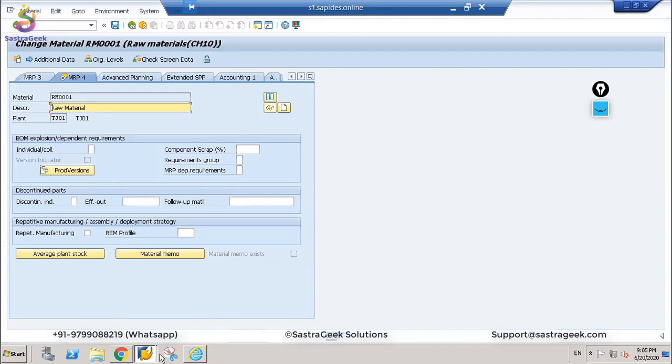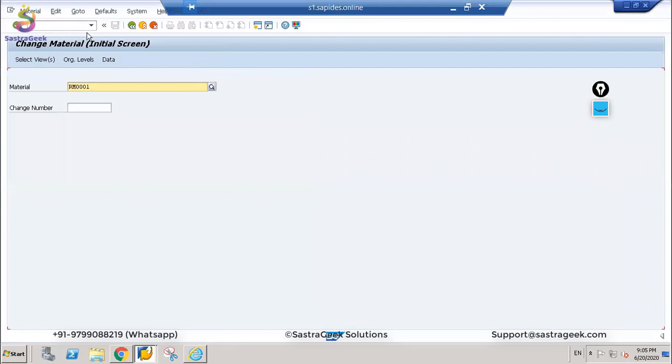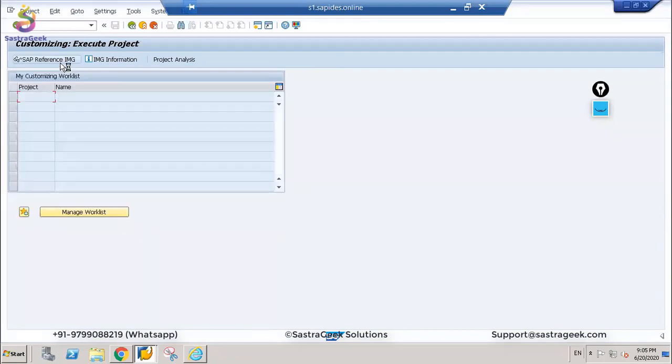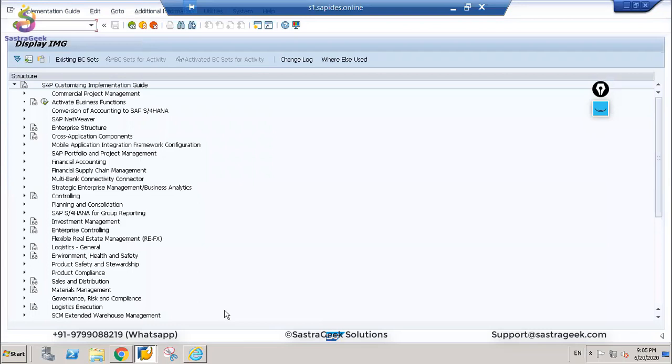So in case of subcontracting, we assign vendor at the configuration level. Okay, we will see. Vendor is the master data. I got your question, like where to assign it, right? There are some different steps available for that.